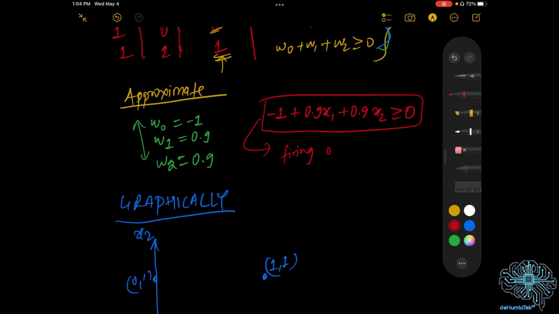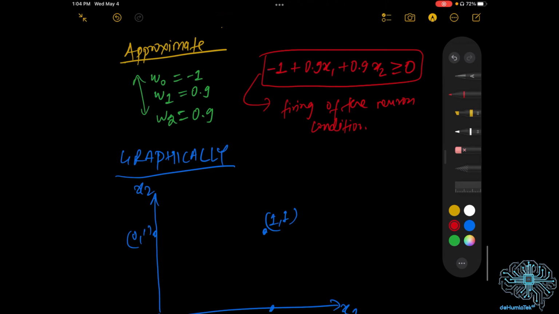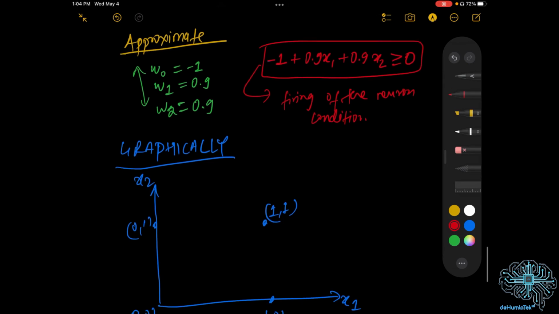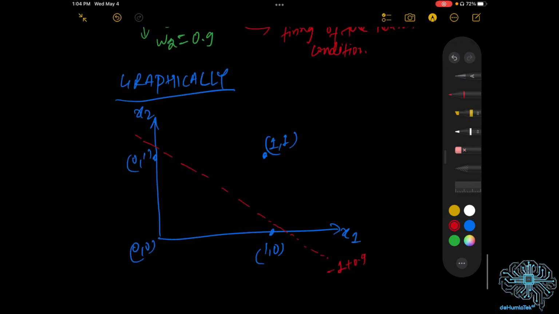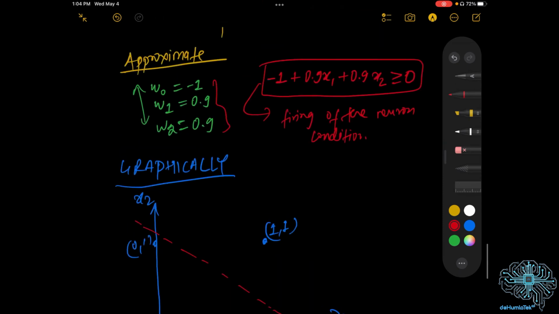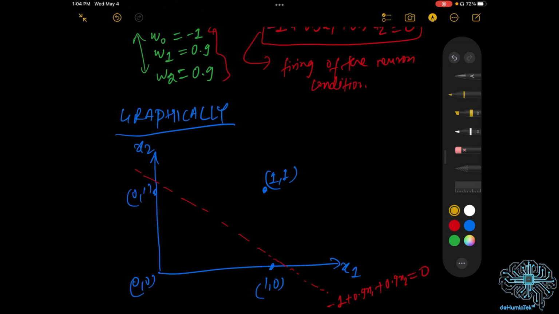This is the condition for firing of the neuron. But to approximate that, let's keep it as equals to, and that equation is going to come at this location, a little bit above. So this is -1 plus 0.9 x1 plus 0.9 x2 equals 0. Again, if we approximate with different values for the weights, we are going to come up with some different boundary equation.